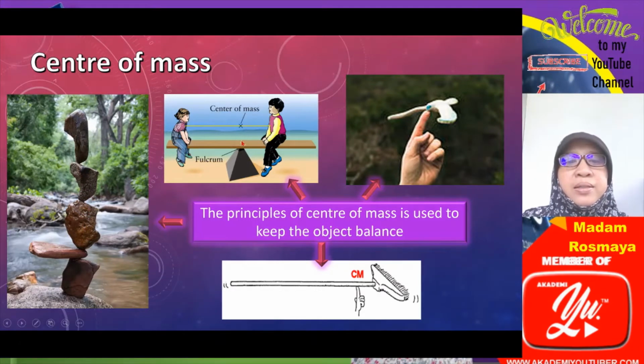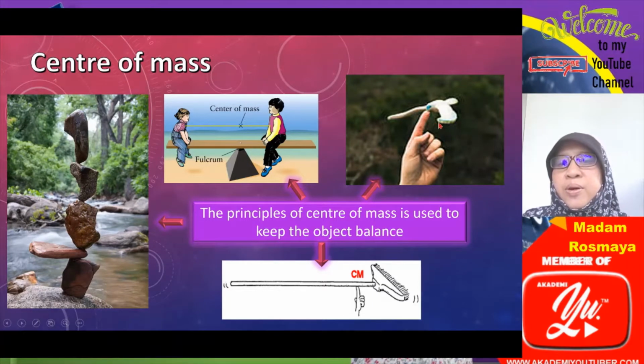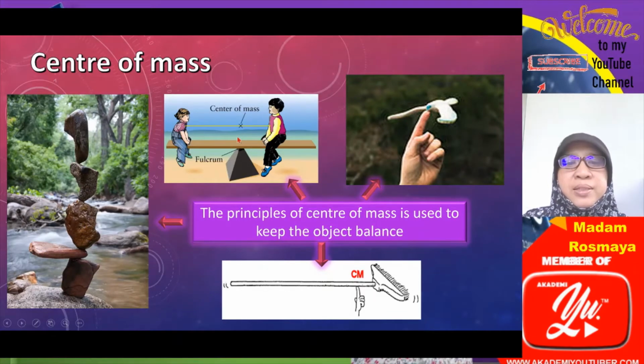Another example: here, two children play with a seesaw, and they are balanced. And the bird toy here is balanced at the center of mass. The center of mass is somewhere along this vertical line.